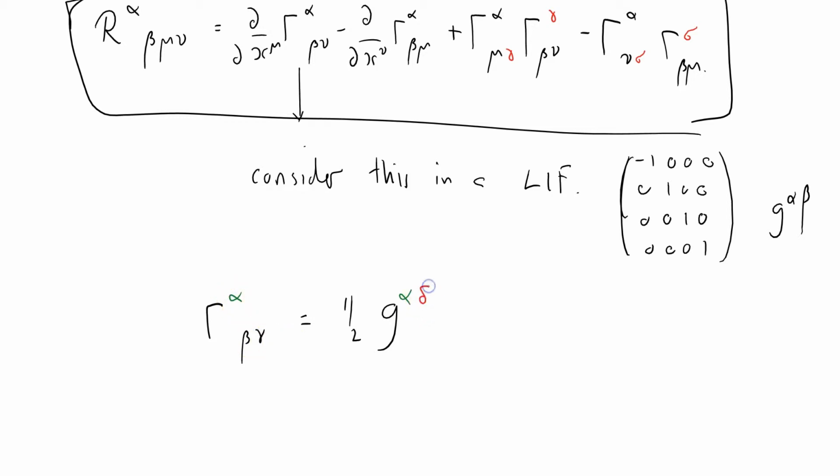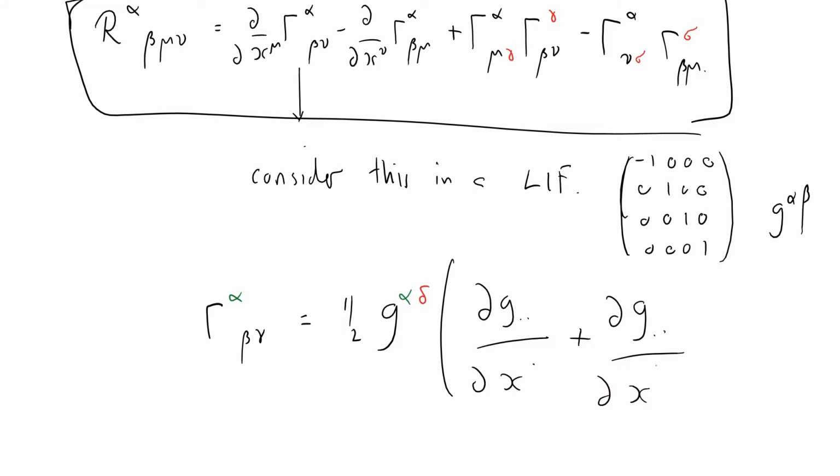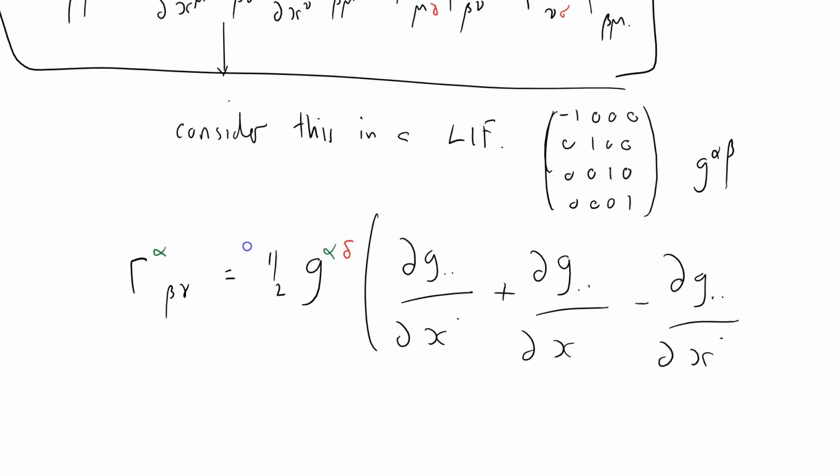Let's try a delta. I'm going to sum over deltas, and then I'm going to say the derivative of g blah blah by the derivative of x blah, plus the derivative of g, see how I'm writing the skeleton in, minus the derivative of g blah blah by the derivative of x blah. And I'll write the blahs in now. The first thing to consider is, what does my red delta sum with?